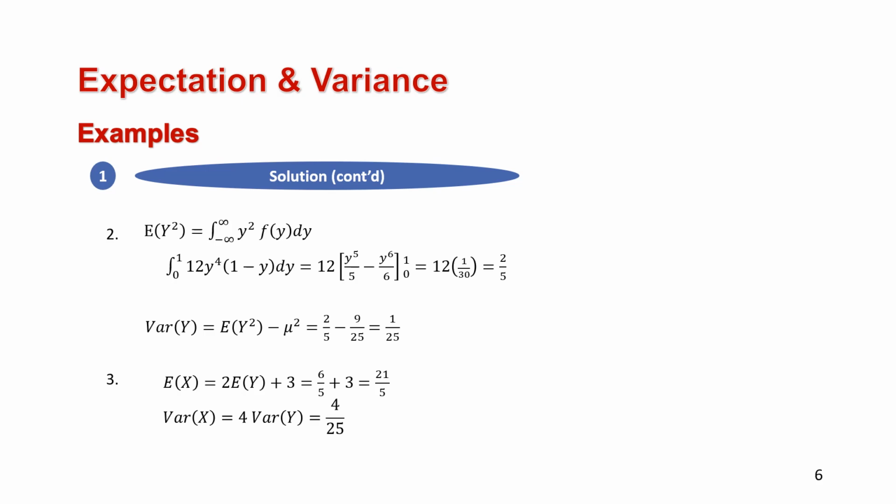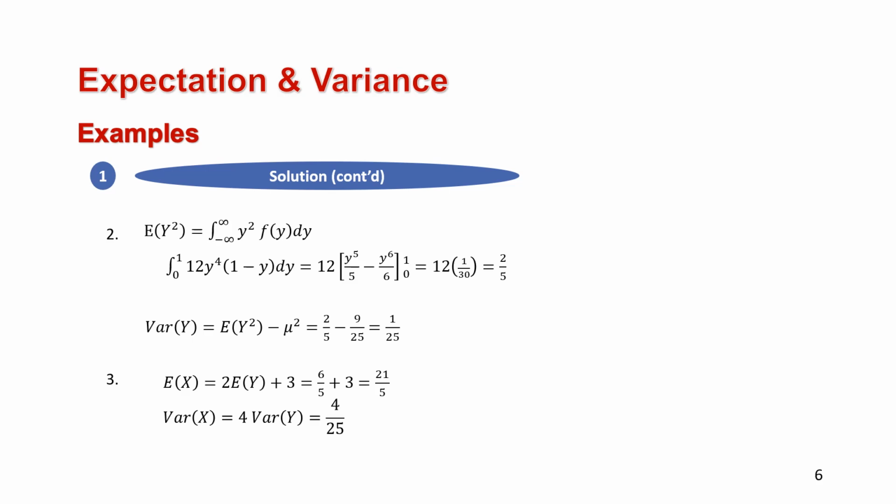Now, how can we find the expected value of x? X is a function of y. We have two different ways. We can get the expected value of x mathematically because it's a function of y. Here we have x equals 2y plus 3. But then the expected value of x equals 2, a constant, times the expected value of y plus 3.